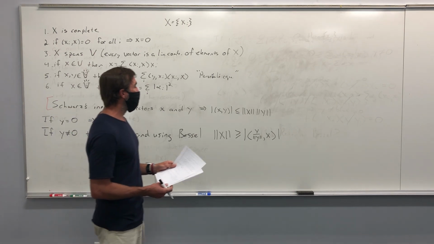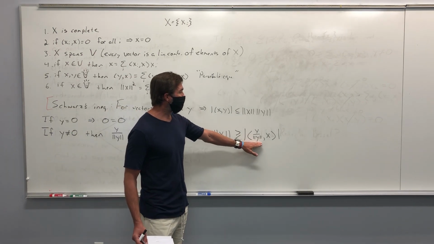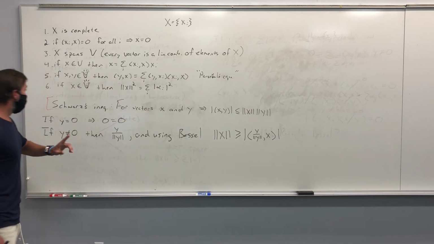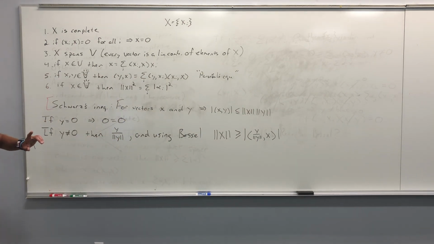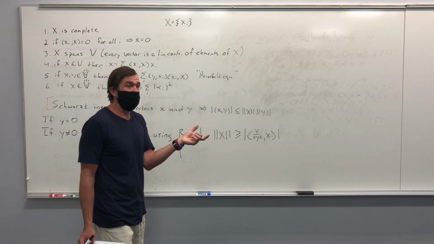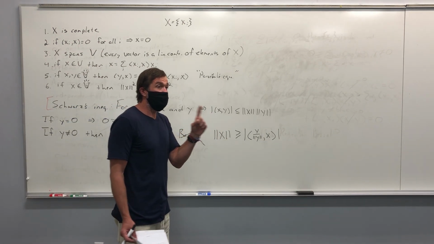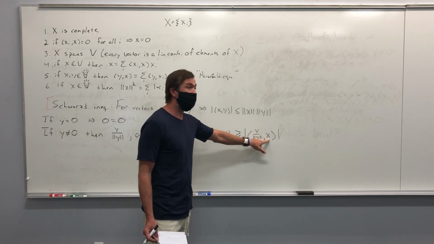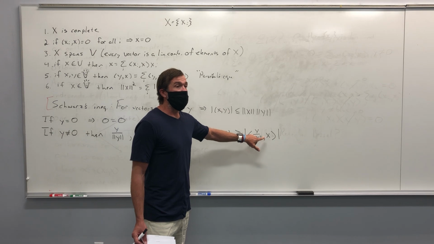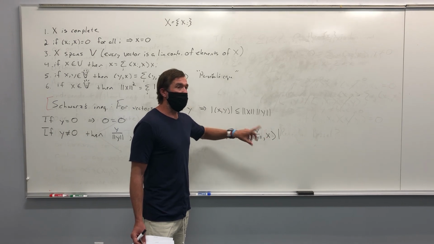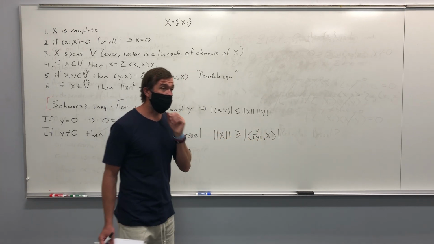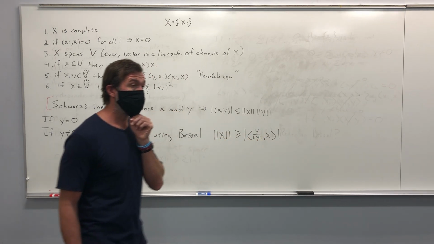Remember, we're starting out with a set which only has one element in it, and this could be in a space with more than one element in the basis set. If it's the only element of the basis set, then any x is just a number times this. But we're talking about this being one element in a set which might contain more. Therefore, this inner product is going to be non-trivial.